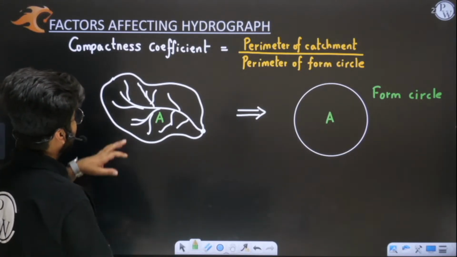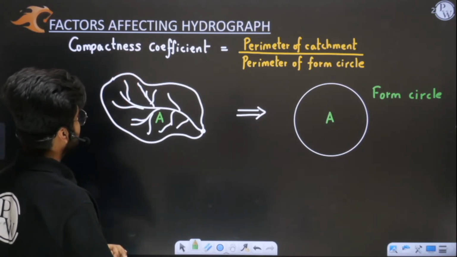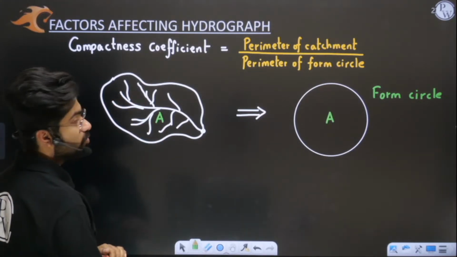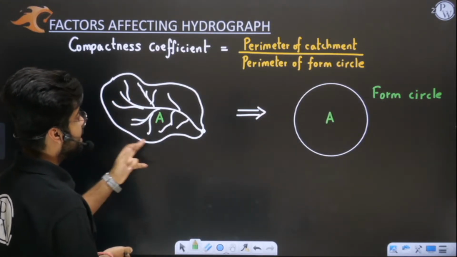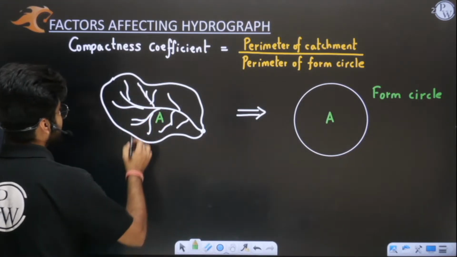Now, what I was telling, I have to convert my catchment area into a circle. The area is the same. Now you actually need to understand the perimeter.